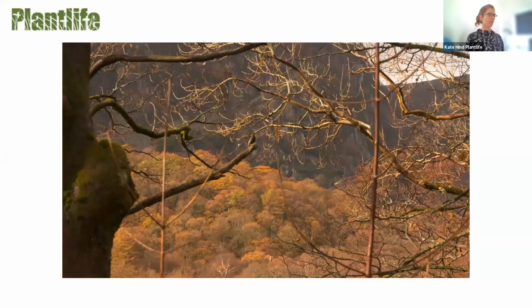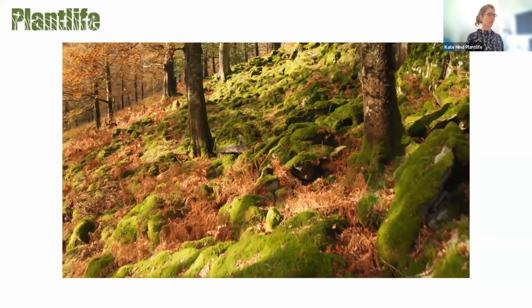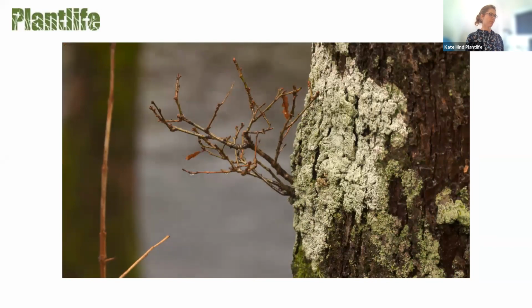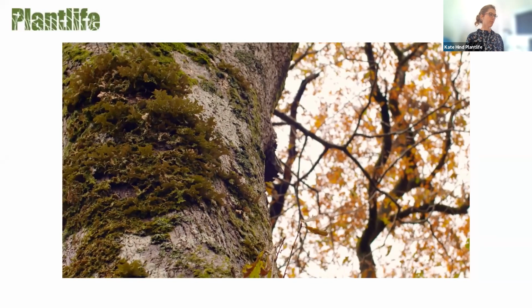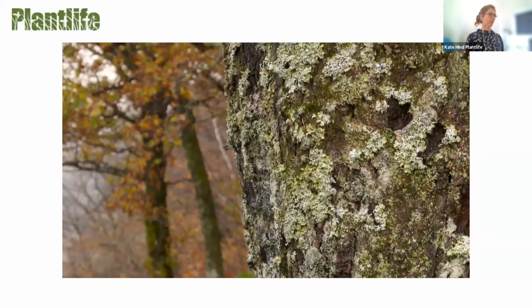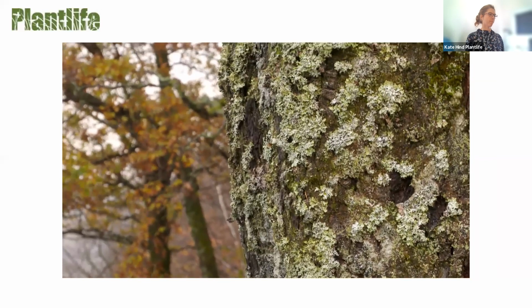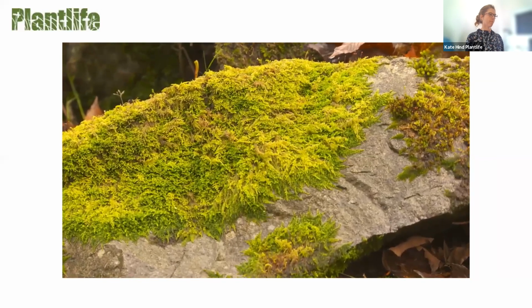When you walk into these woodlands, the first thing you notice is that every available surface is cloaked in life. The trees are covered from head to toe in lichens. And the boulders are carpeted in mosses.